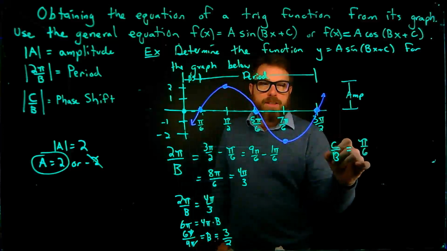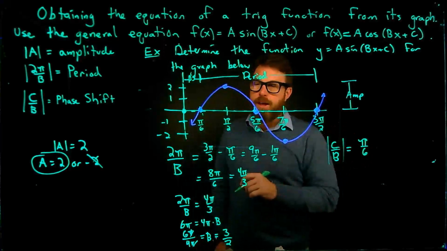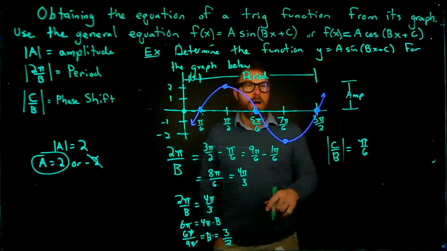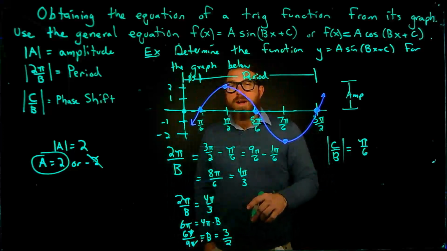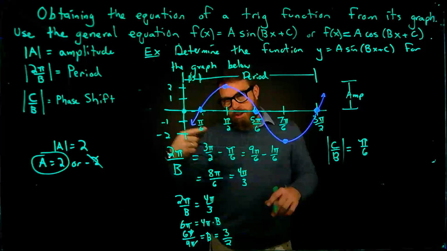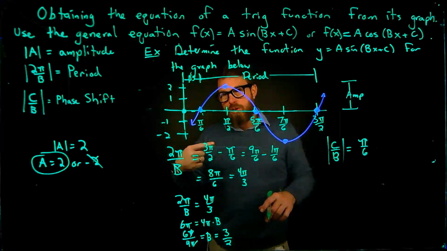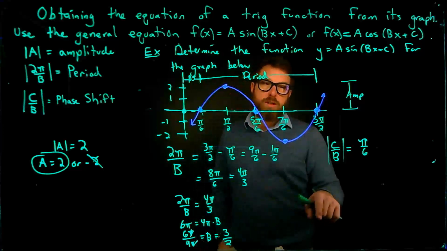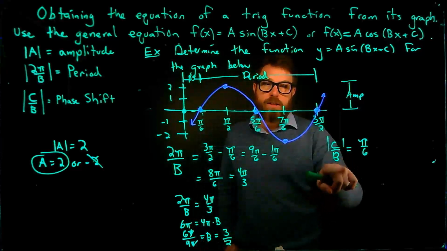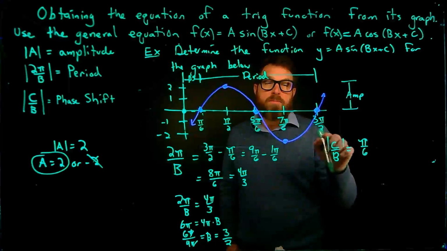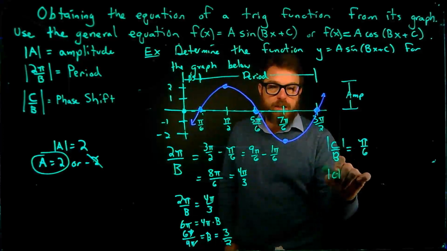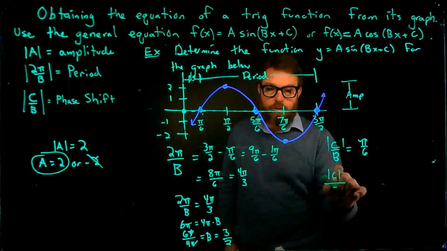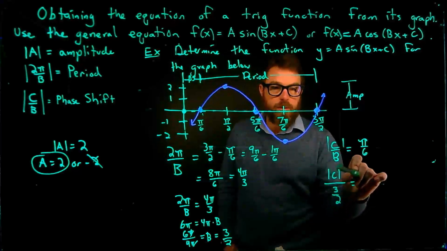Now, when I find this c value, because it's really the absolute value, I know it's been shifted this way, so that c value is actually going to be negative. I can already tell that b is positive, so the absolute value of c divided by 3 over 2 is equal to pi over 6.